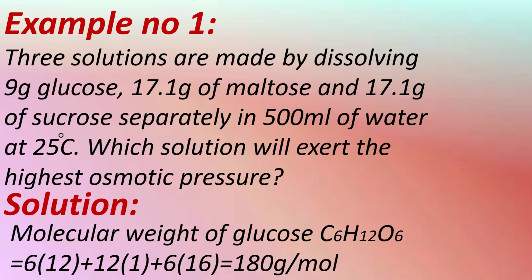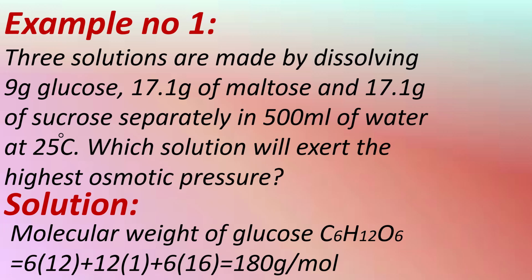First of all, we will find moles of these solutions. For moles, we have to calculate first molecular weight. Now, molecular weight of glucose, C6H12O6: 6 is the number of carbon atoms into 12 is the atomic weight of carbon, plus 12 is the number of hydrogen atoms into 1 is the atomic weight of hydrogen, plus 6 is the number of oxygen atoms into 16 is the atomic weight of oxygen.